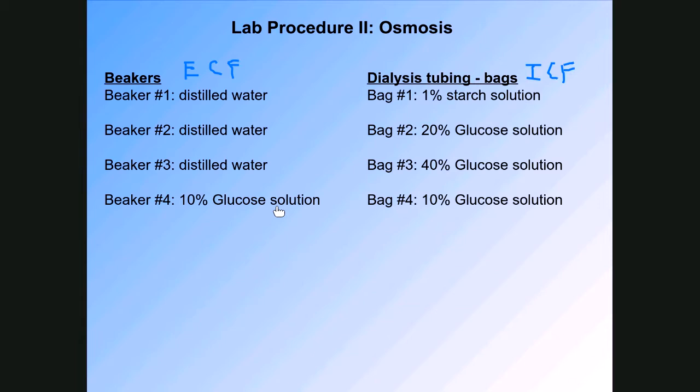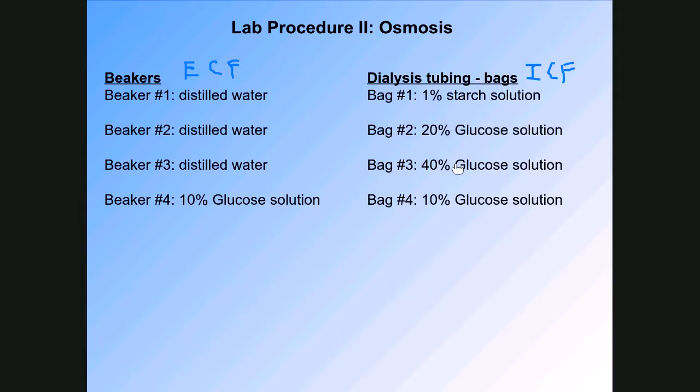But if you look at these other three, just going by numbers, they're all water. The higher solute concentration is within the dialysis bag in the ICF. Therefore, whenever the ECF has a lower solute concentration than what's in the ICF, we say the ECF is functioning or behaving as hypotonic, especially in this case for beaker 2 and 3 versus bag 2 and 3, because it's significantly different. So keep that in mind.